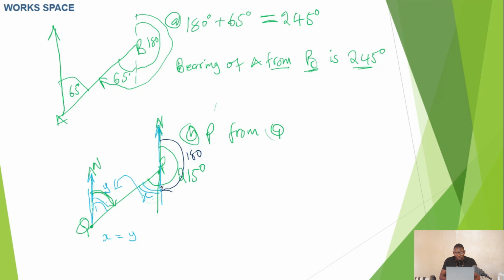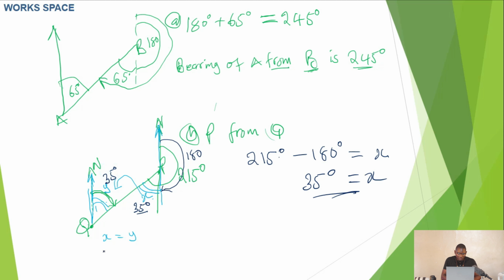For us to find this angle, we have to subtract 180 from 215 to find the value of X. So 215 degrees minus 180 degrees, we're going to have 35 degrees. So this angle here is 35 degrees.